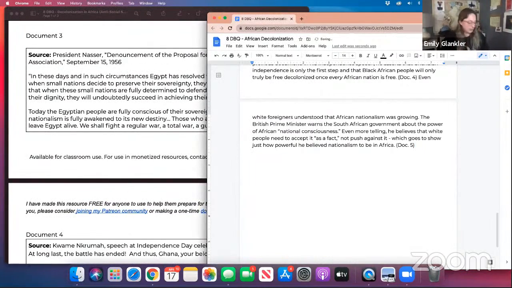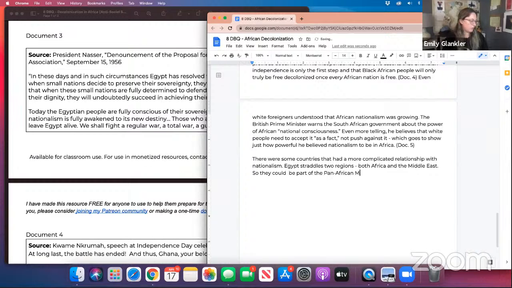I might say, there were some countries that had a more complicated relationship with nationalism. Egypt straddles 2 regions, both Africa and the Middle East. So they could be part of the Pan-African movement, but seemed to more closely connect with Arab nationalism.